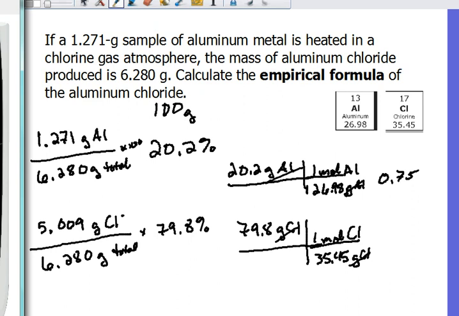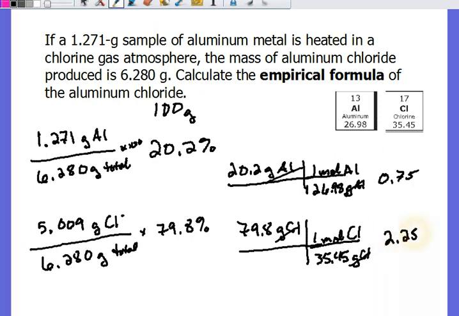I'll do that again. 78.8 divided by 35.45, you get 2.25 roughly. So if you're trying to get these into whole numbers, you just divide by the smallest number of moles.